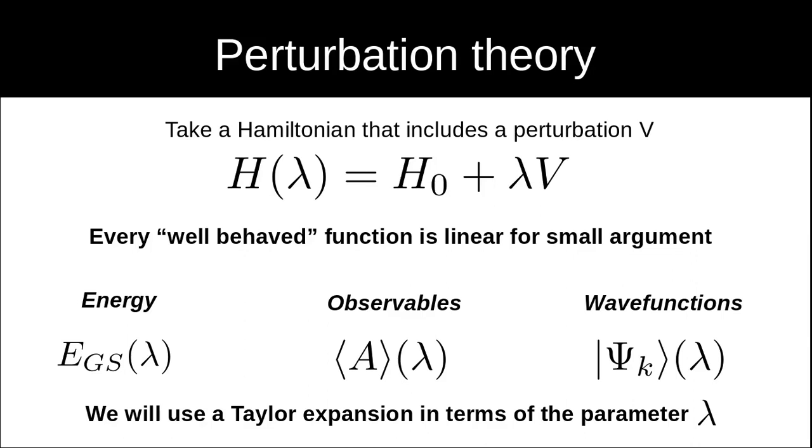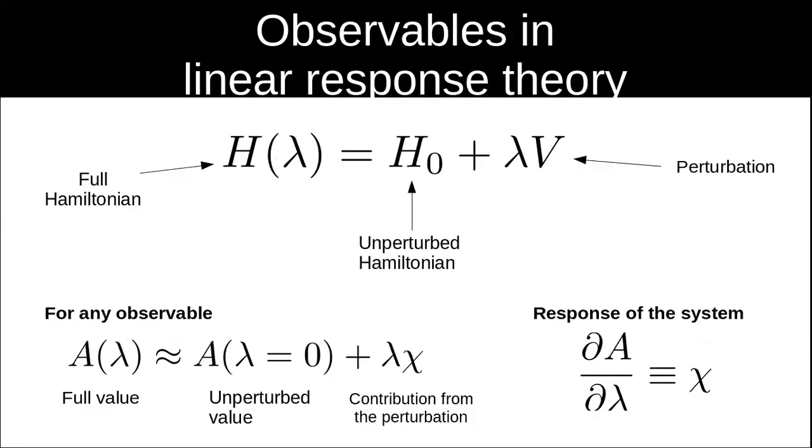We effectively just have to do a Taylor expansion of any of these terms as a function of lambda. Essentially all the observables in linear response theory come from this Taylor expansion.